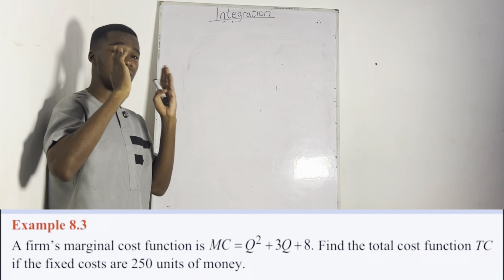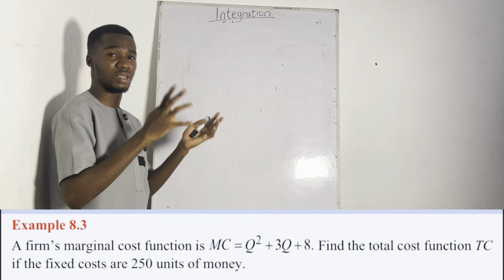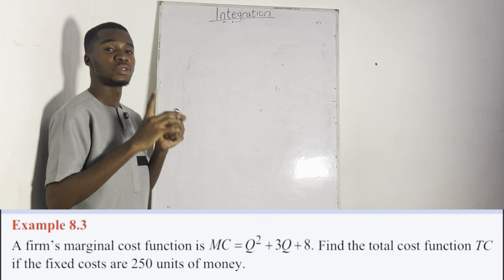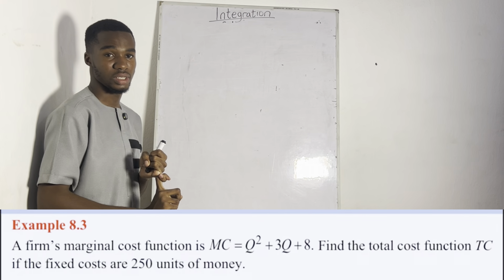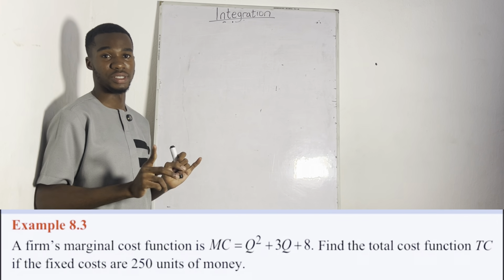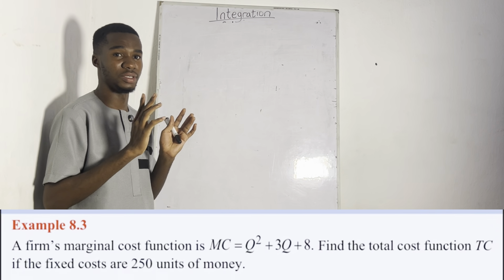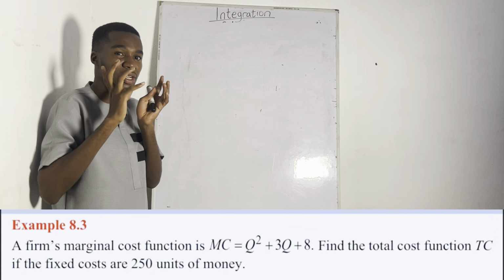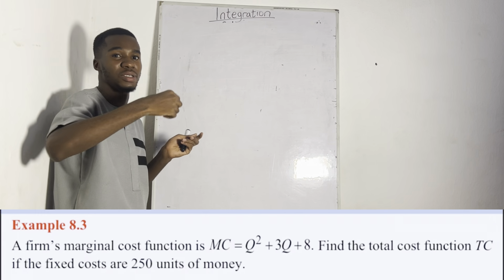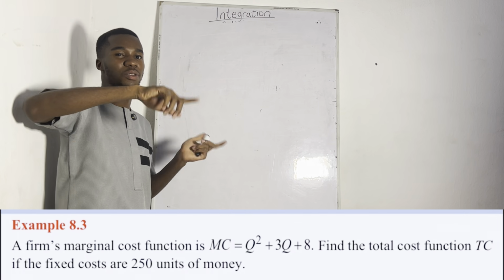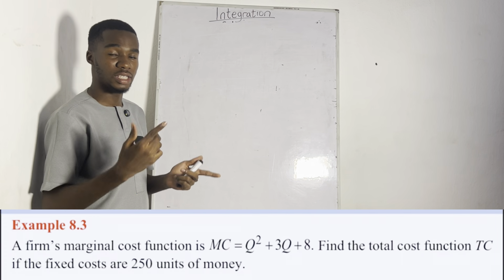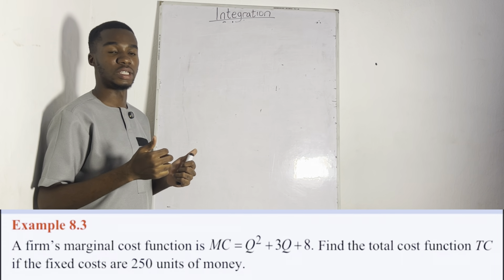If you have the marginal function and you want to get the actual function, just integrate it. If you have marginal cost, you want to get total cost, you integrate. If you have marginal revenue, you want to get total revenue, you integrate. But if you have total revenue and you now want the marginal function, that's when you differentiate. Do you get it? All right.